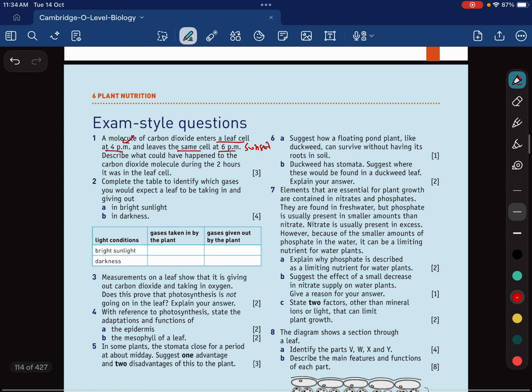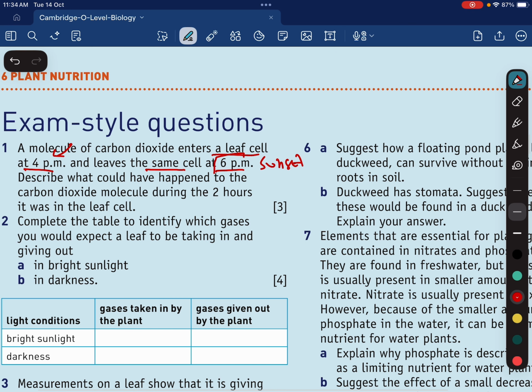Now, they're asking about the time of 6 p.m., what could have happened. Of course, now the sun is setting, so photosynthesis is not going to be taking place. What's going to be taking place comparatively more is respiration. And what product do we get from respiration? We get carbon dioxide plus water, right? So we're going to be getting carbon dioxide in higher amount at the time of sunset because there is no sunlight, so no photosynthesis.